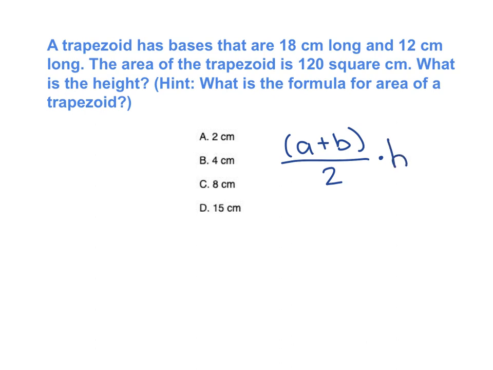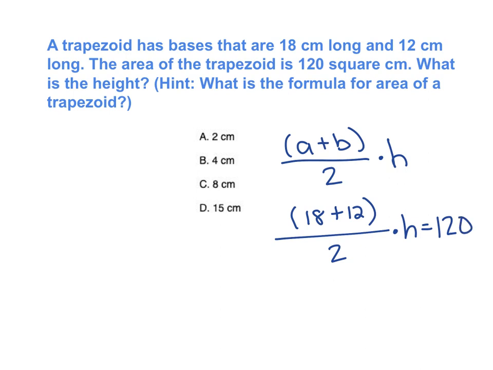All right, so let's fill in what we know. We know that we've got bases of 18 and 12, and we have to divide by 2 times height, which we don't know, and the answer, the area, is 120. So let's figure out what we do know.